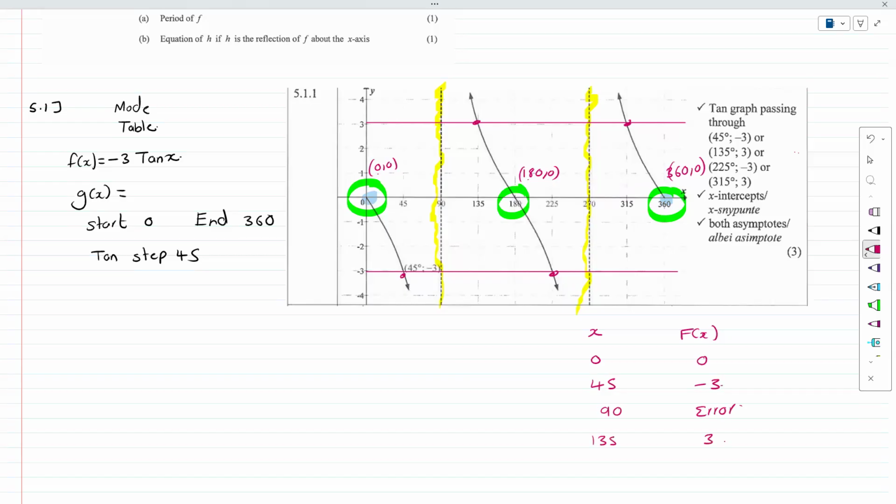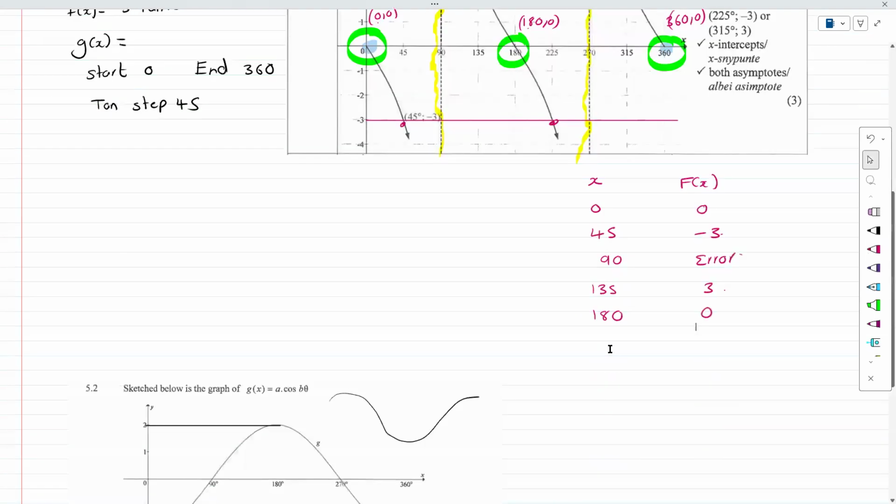It would have been 180 and 0. Guys, please remember that these are the x and y points. 225 and minus 3. 270 and error. Those are the 2 asymptotes with tan graphs. 315 and 3, and 360 and 0. So that's what I got from my calculator.